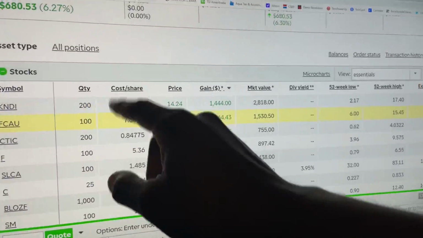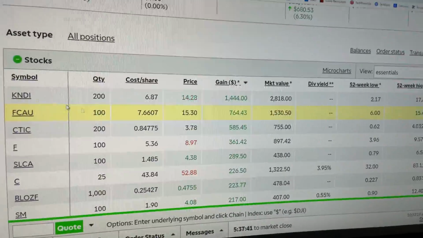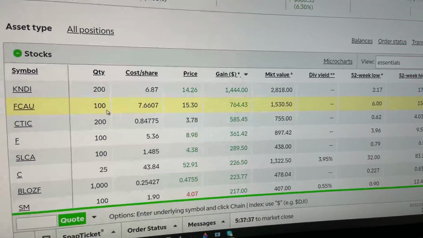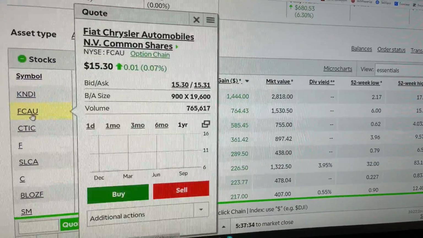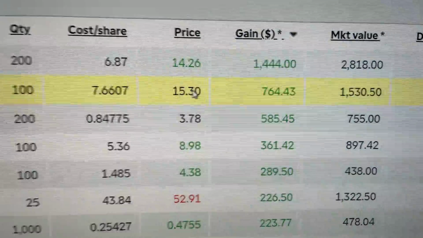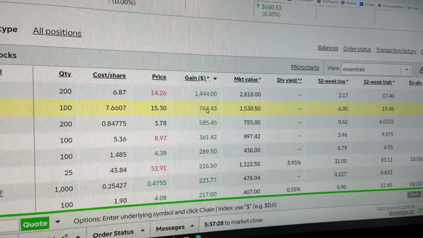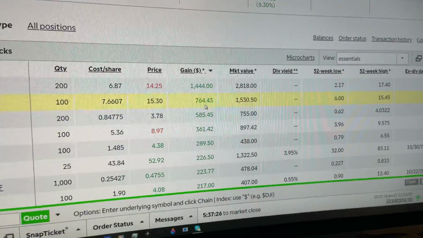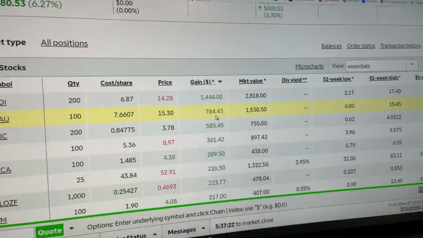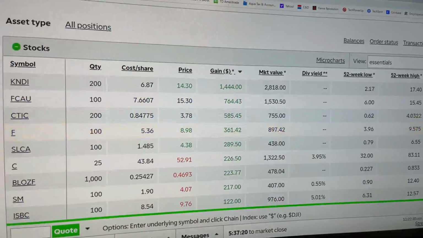I'm not sure how they handle it in there, but the bottom line is they're saying I paid $7.66 for 100 shares of Fiat Chrysler, FCAU. Because right now they are up to $15.30, I have gained $764 off of that. Hopefully you understand how this works, because I know a lot of you don't really trade stocks, so you don't understand exactly how it works.